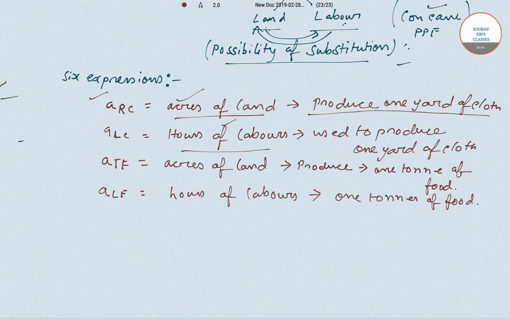And finally we have L, given by the economy's endowment of labor, and capital T, given as the economy's endowment of land.